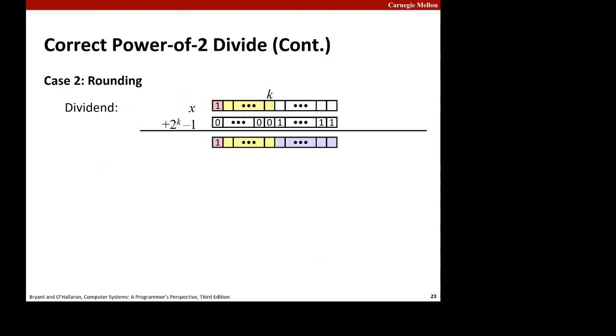But for the case where I needed to do that little bit of rounding, by adding this bias in here, if there are any 1 bits at all to the right of what will become the binary point, then this value will cause an incremented value in the yellow portion.